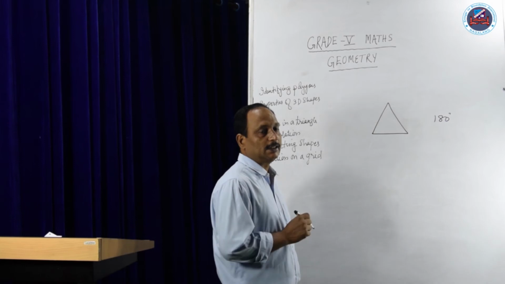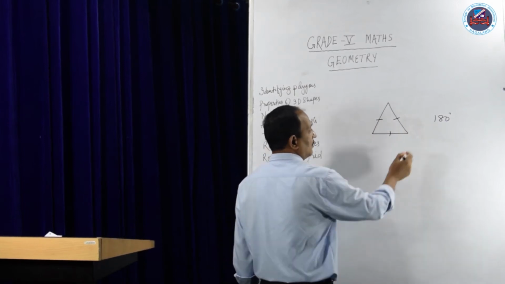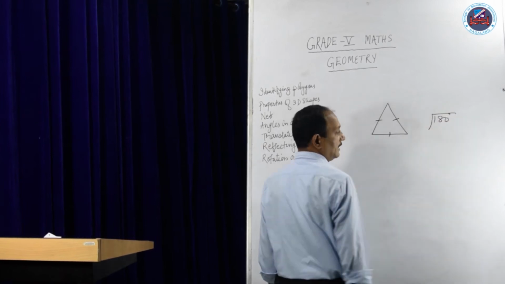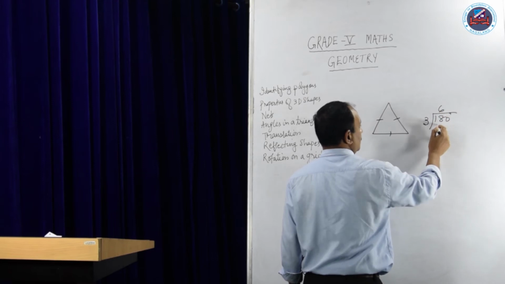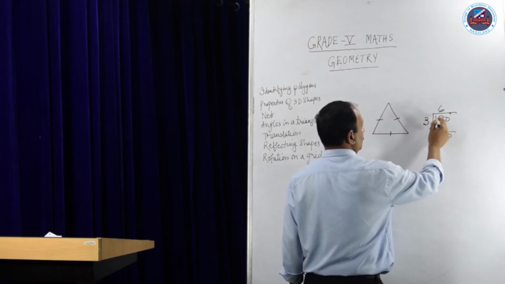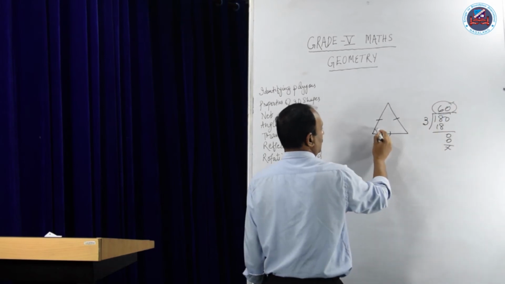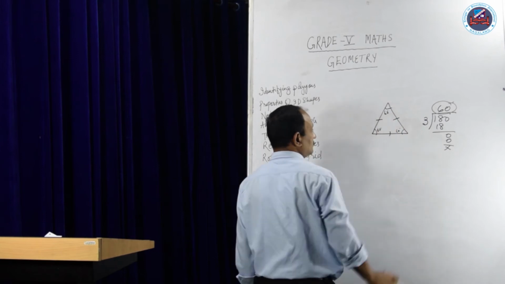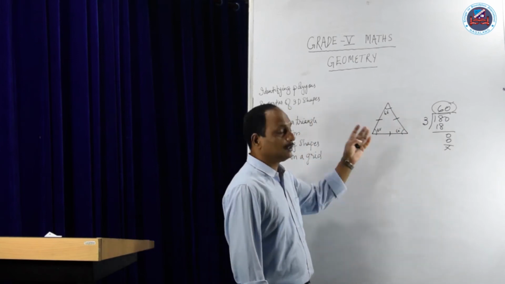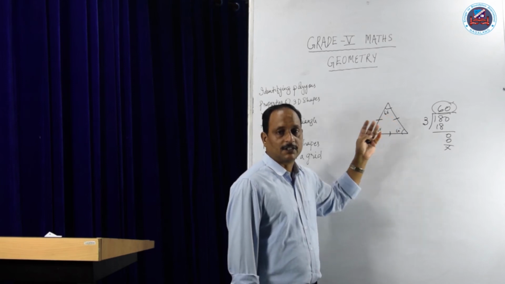So in an equilateral triangle, when all the sides are the same, you divide 180 degree by 3 sides, it will be 60 degree. That means each angle is 60 degree each.